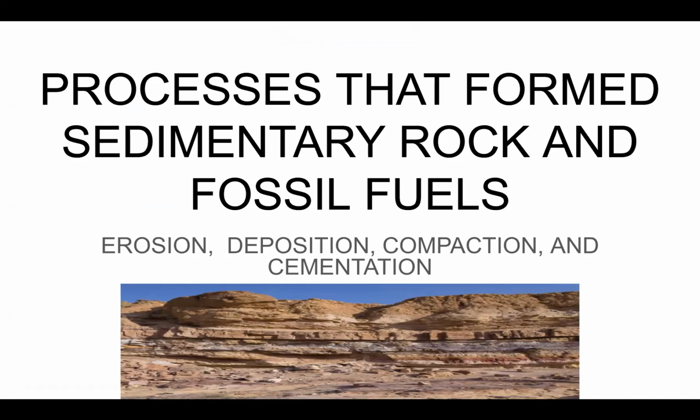If you'll look at the picture at the bottom, those are sedimentary rocks. They illustrate the property of horizontality. That is, in general, sedimentary rocks are formed in a horizontal fashion, and they also exhibit the law of superposition, which means that younger rocks are at the top and older rocks are at the bottom.